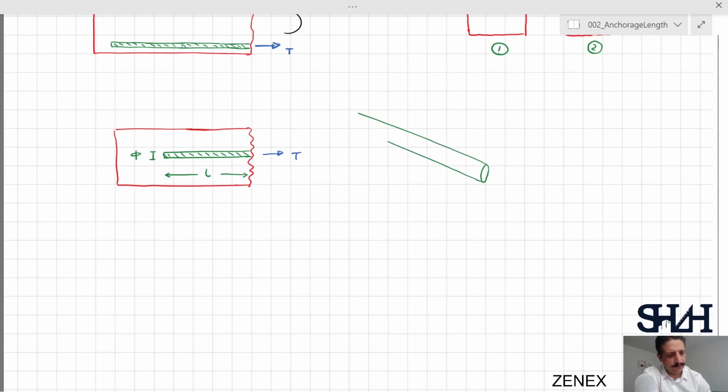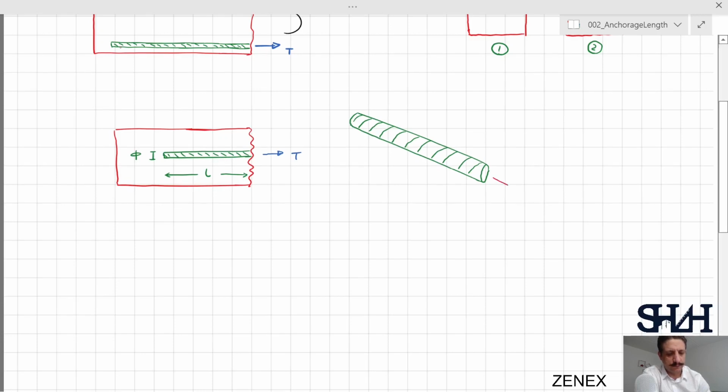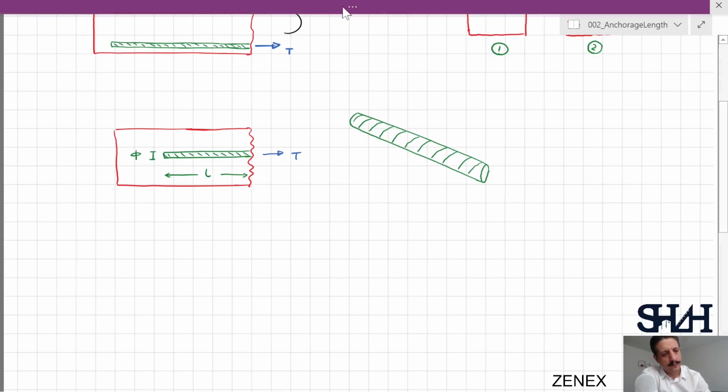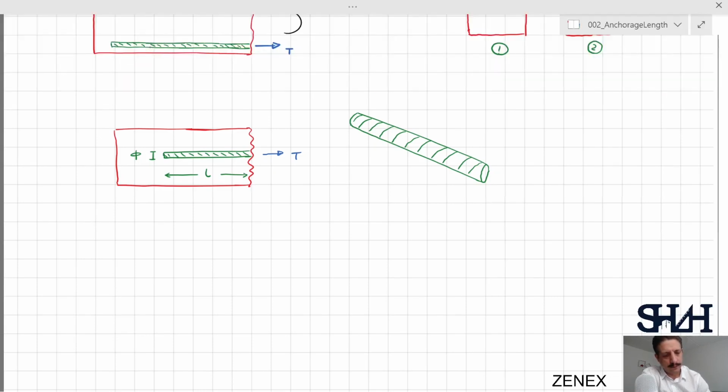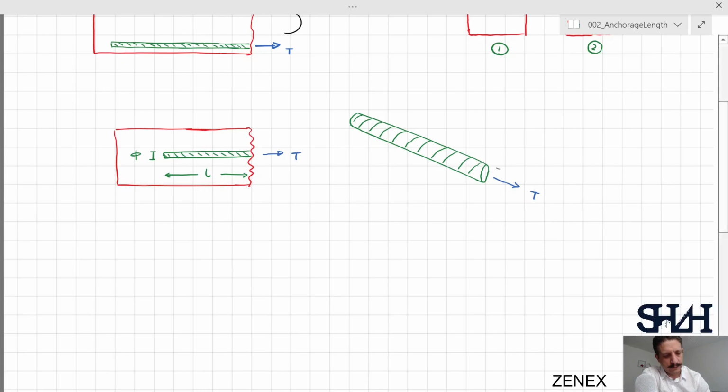If we sketch the reinforcement, we have also ribs that in this calculation we can assume are smooth. Force T is applied and the diameter of reinforcement is phi.